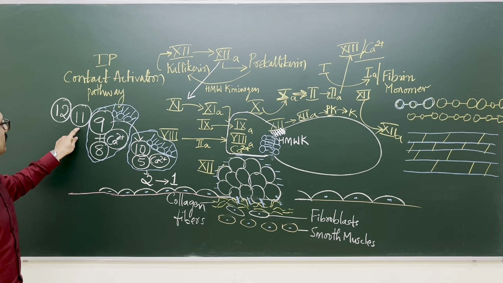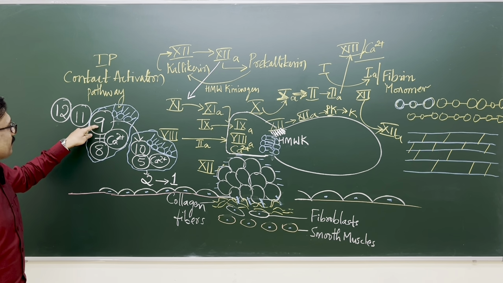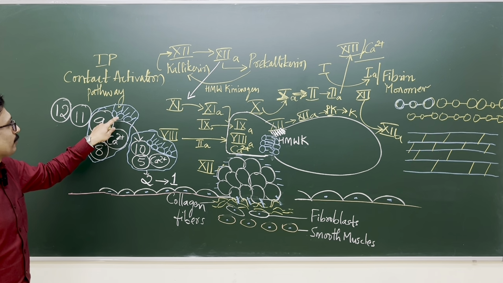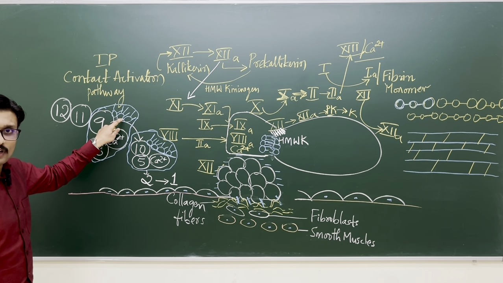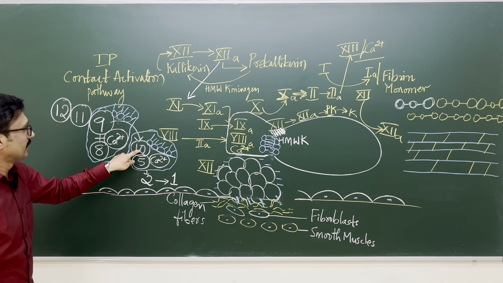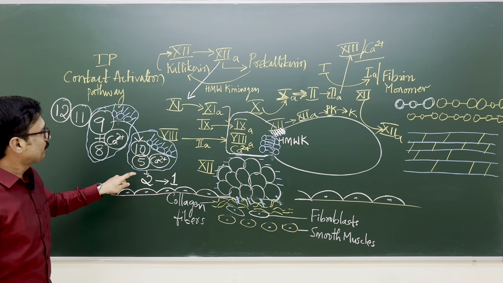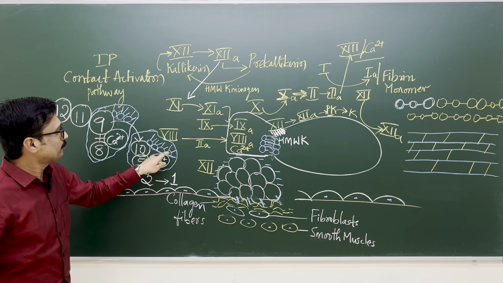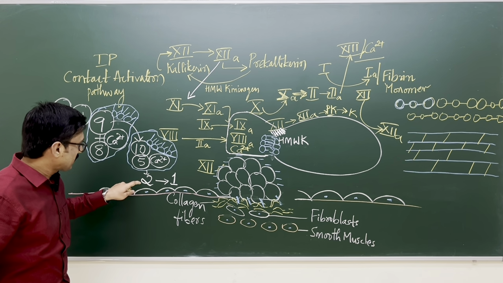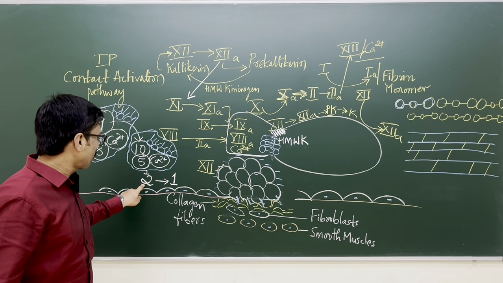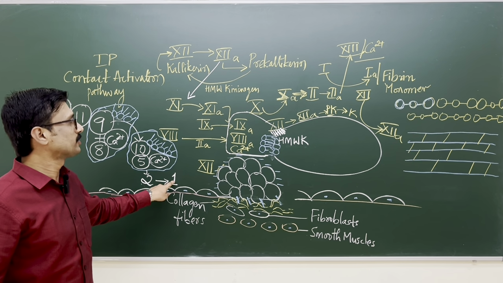This will activate 11. 11 will activate 9. 9 forms a complex with activated 8, calcium over the membrane of the platelet, binding to the phospholipids, cell membrane phospholipids. 9 will activate 10 with all this complex. 10 is activated. Activated 10 will form a complex with 5, calcium, and over the membrane of the platelet phospholipids it will activate 2. Once 2 is activated, that is prothrombin is converted into thrombin. Thrombin will convert the fibrinogen to fibrin.